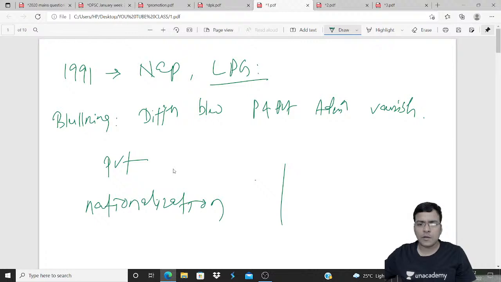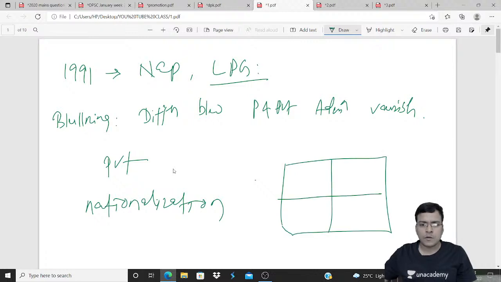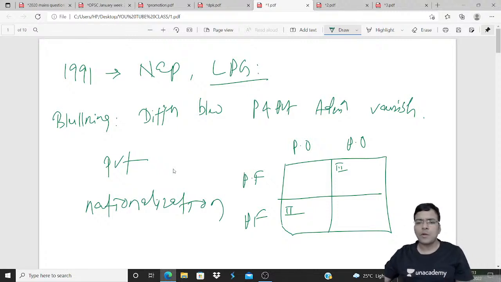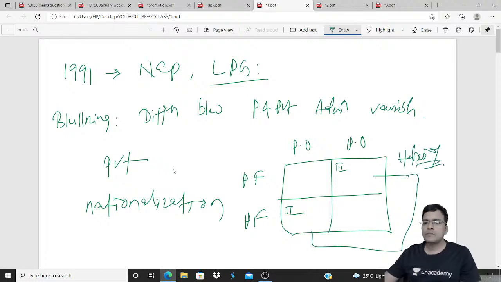I have given you a diagram, if you remember. Public funding, private funding, public ownership, private ownership. So these second and third, public funding, private ownership and private funding, public ownership, these two are hybrid organizations.